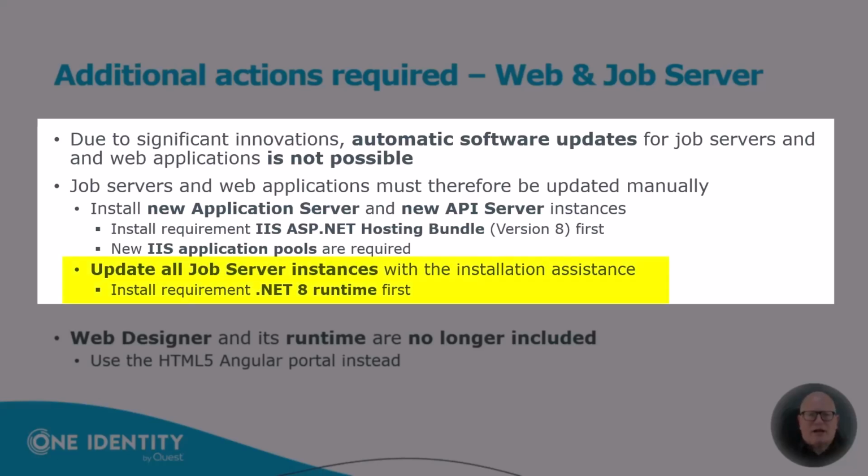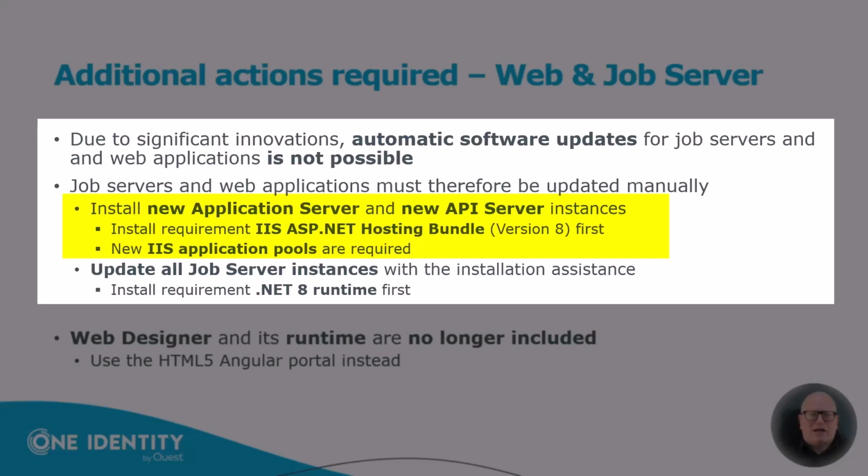From a job server perspective, this means you have to upgrade every job server with a manual setup. From a web application perspective, this means you need to newly install the application server and the API server and remove the old ones. This means two things.